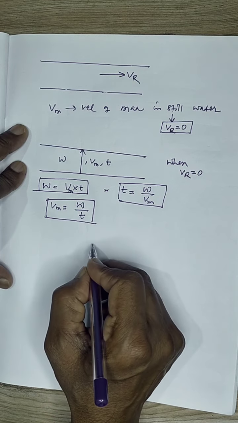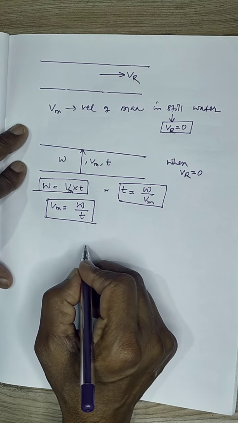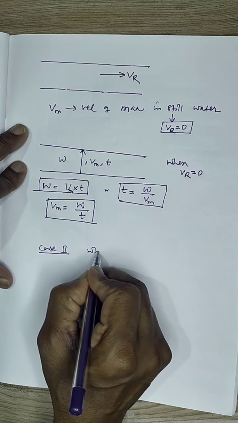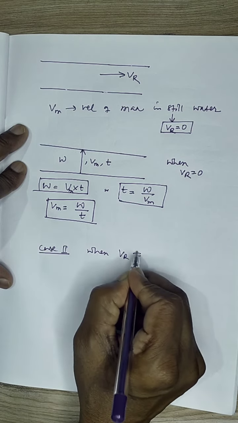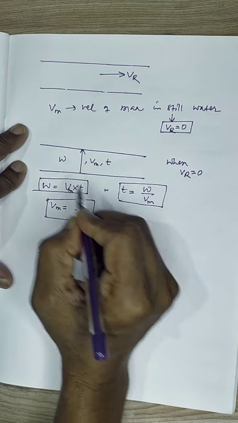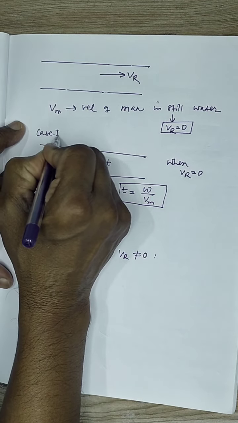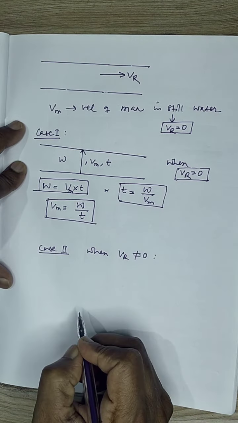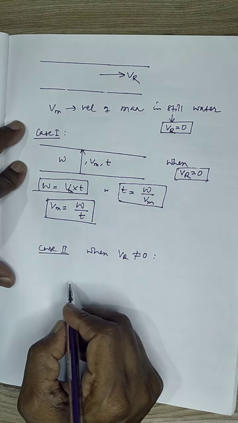Now let us consider case 2, when Vr is not equal to 0, which means the river has a certain velocity.